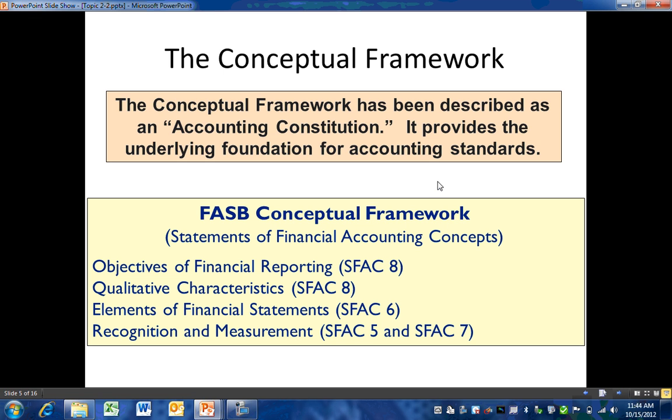And the framework has financial reporting objectives, talks about the qualitative characteristics of the information, the elements of the financial statements, and the recognition and measurement rules or concepts that are applied before we allow information to enter the accounting system, and when it is entered, at what value we're going to place upon it. And it also recognizes there are certain restraints.